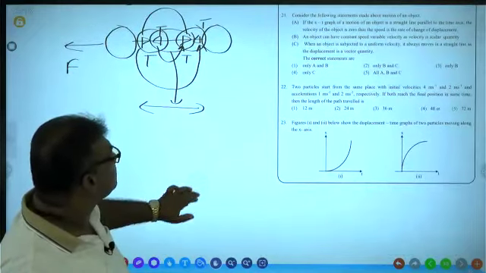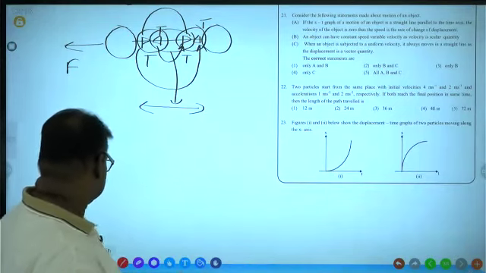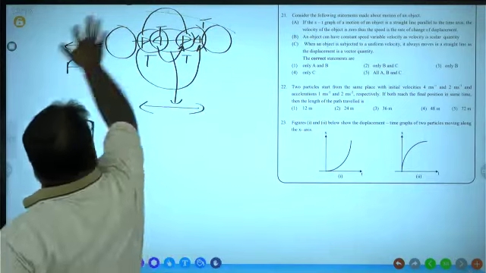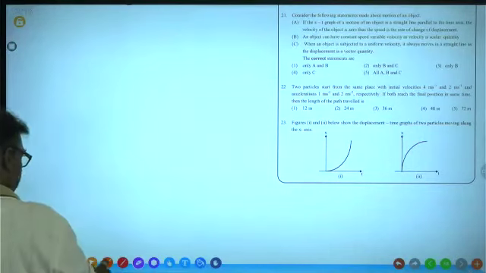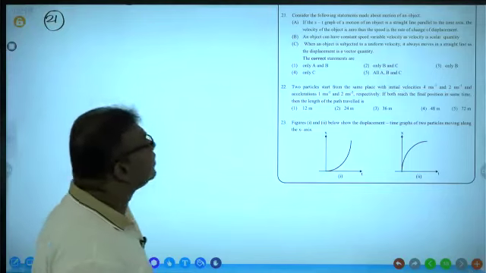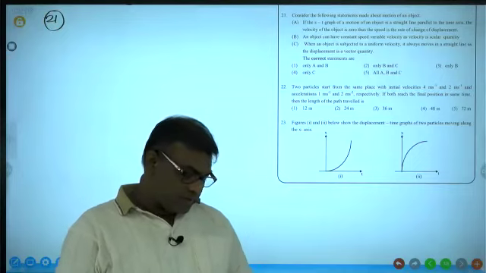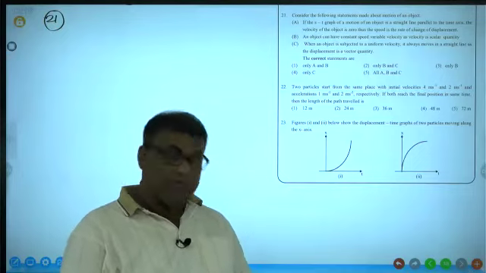Number 21. Second one, look ahead. 21 also has statements. Consider the following statements made about the motion of an object.